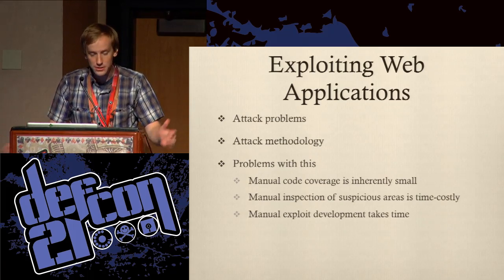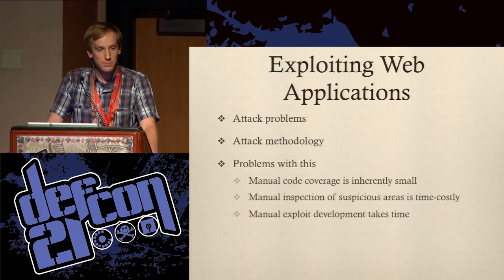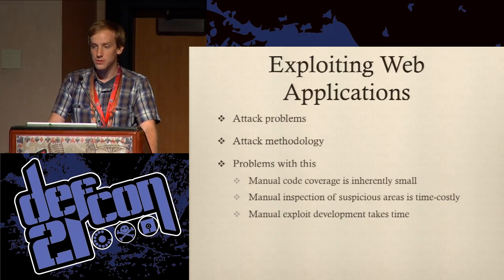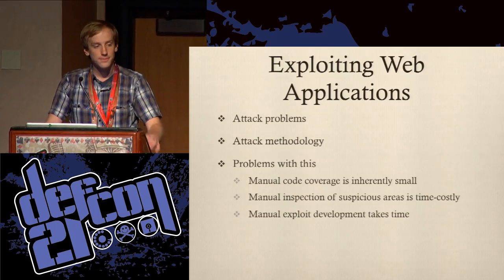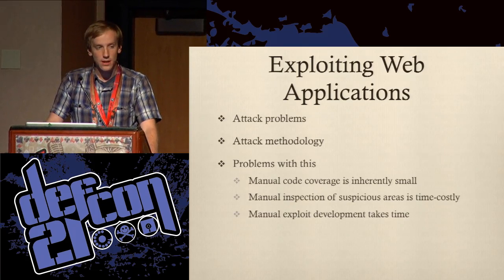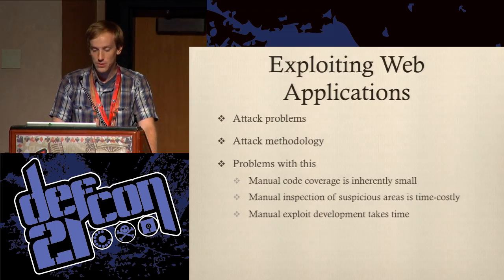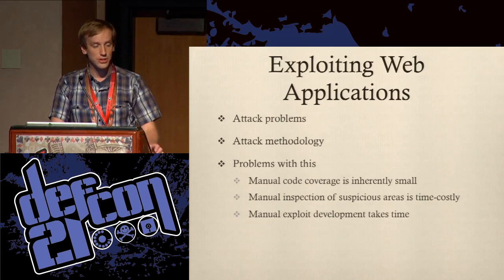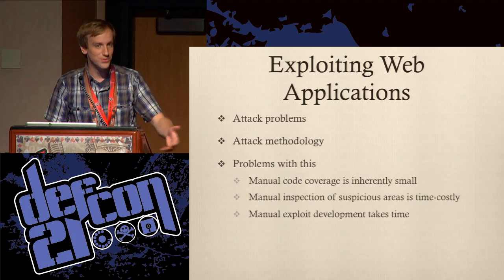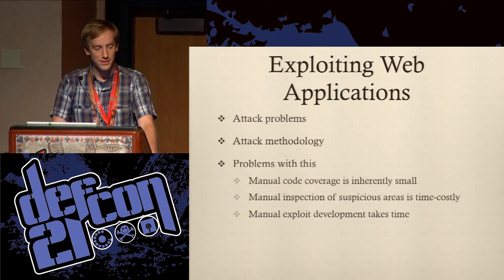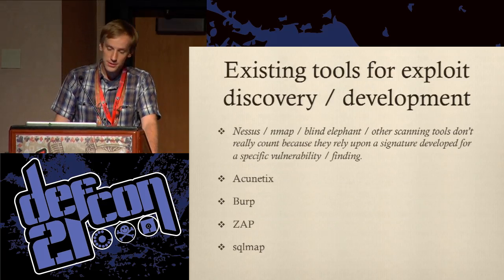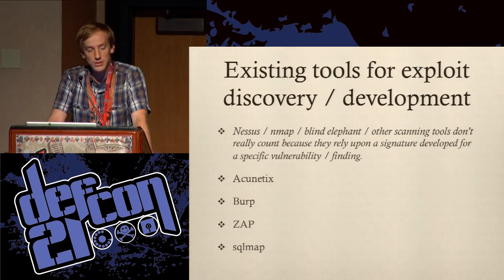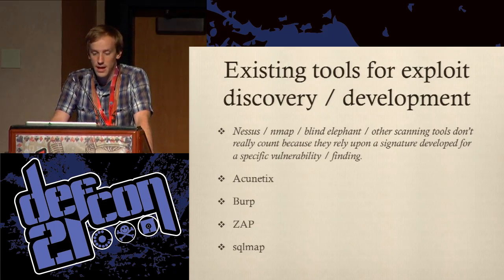And then additionally, the development of a working exploit for a site takes time as well, because there might be additional blocking mechanisms in place, like a WAF, a web application firewall, where you can see you have SQL injection, but all of a sudden you don't really have SQL injection because there's an additional layer you have to break through. And there's a number of really good tools out there for exploit discovery and development.